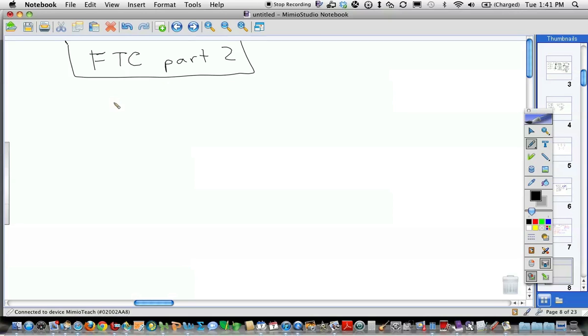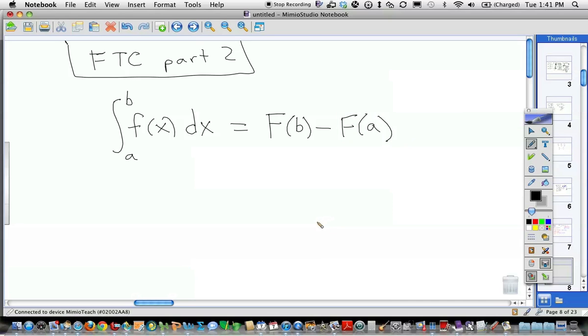Well, the fundamental theorem part 2 is really useful because what it says is anytime you want to do a definite integral, from a to b now, you simply take the antiderivative of whatever you're doing the area of, plug in the right endpoint b, plug in the left endpoint a, and subtract them.